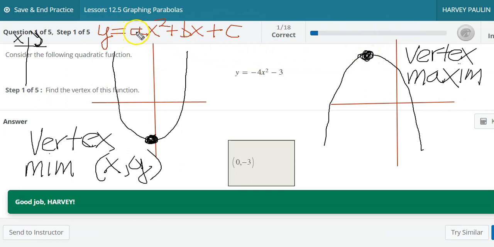So if a is positive, the lowest point on your parabola is the vertex and is referred to as the minimum, and they're given as an ordered pair. If a is negative, when it's in its standard form, the vertex is given, again, in an ordered pair, and is considered the maximum.